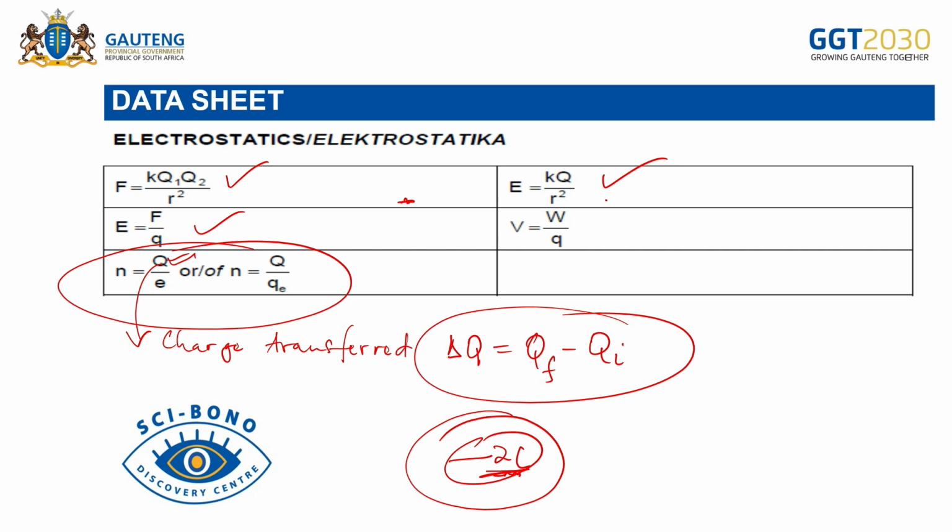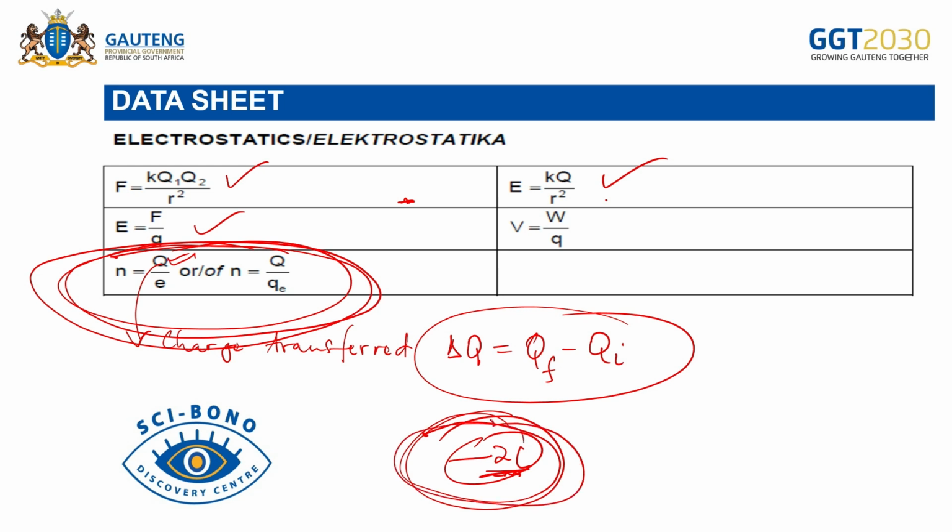I'm not sure if you understand that part, learners. This equation is very, very important. If you are given this charge of -2, and they want you to calculate the number of electrons in excess, the equation will be N equals Q over e. What is Q? It is 2, or -2, is still fine. What is e? It is -1.6 times 10 to the power negative what? 19. Then you'll be able to get the number of electrons in excess, right?